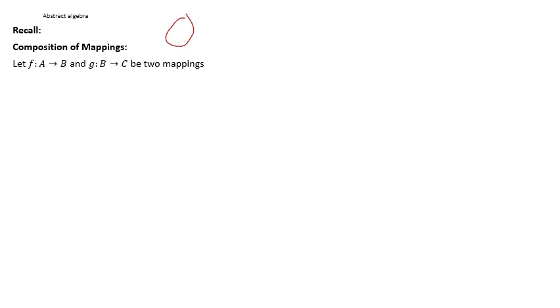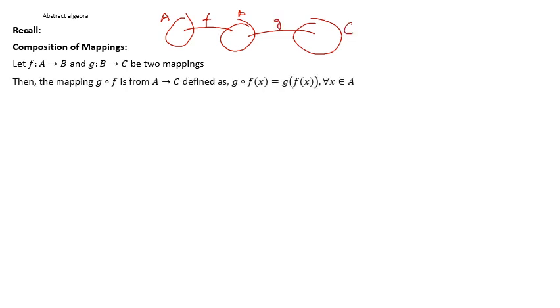অ্যাবস্ট্রাক্ট অ্যালজেব্রার লাস্ট ক্লাসে আমরা কম্পোজিশন অফ ম্যাপিং আলোচনা করেছিলাম, আজকে আমরা সেটা একটু রিকল করে নেব। f is a mapping from A to B, and g is a mapping from B to C. Both are mappings.